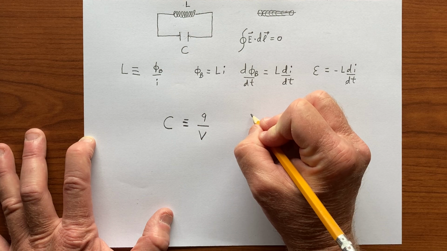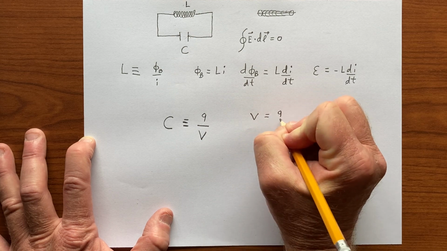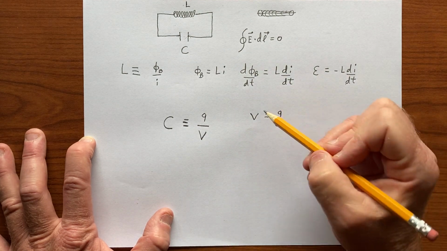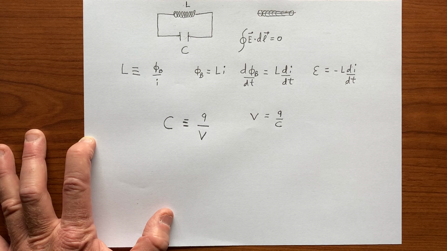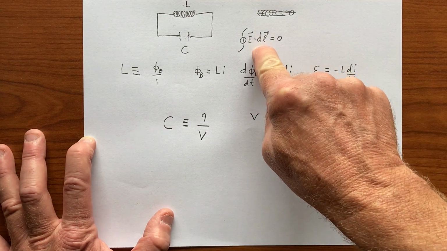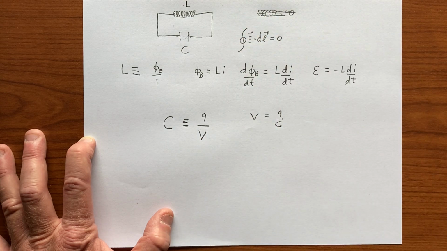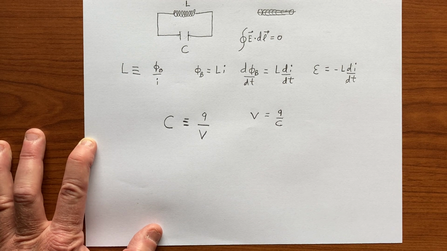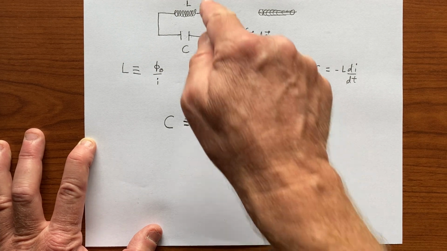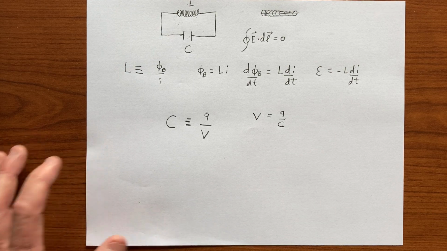And so the voltage, V, is that. So we have these two quantities which will need to come into play in the equation that applies this condition. So now we're going to think of the energy that's stored in the inductor and in the capacitor, and that's what we'll do next.